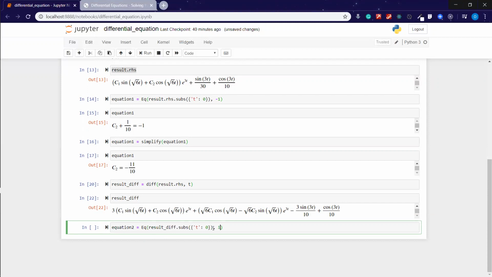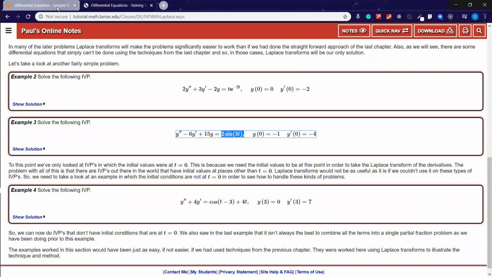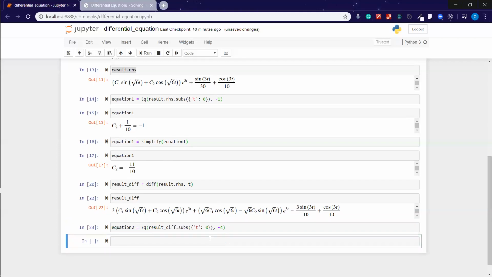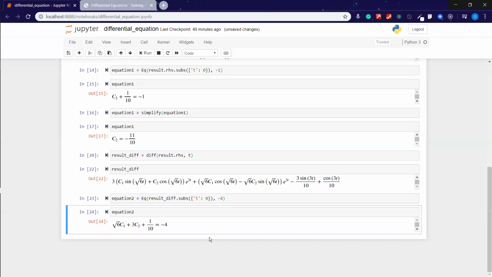And we pass in, so that's minus 4. Okay. So we pass in minus 4. Let's run that. No error. So what do we have in equation 2? All right, so we have square root of 6c1 plus 3c2 plus 1 divided by 10 equals to minus 4.